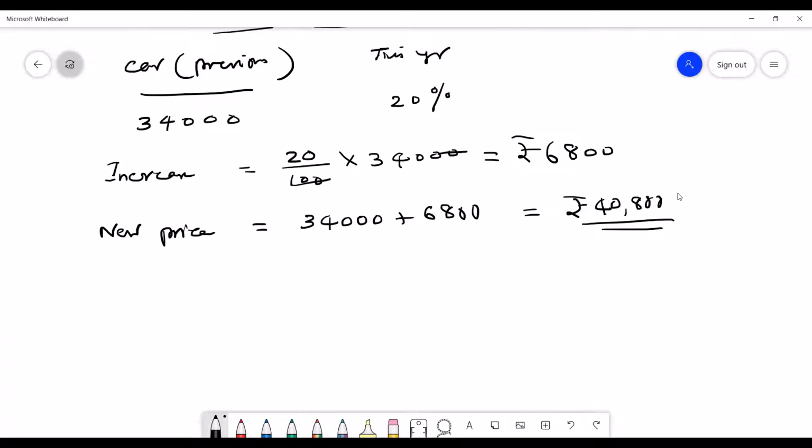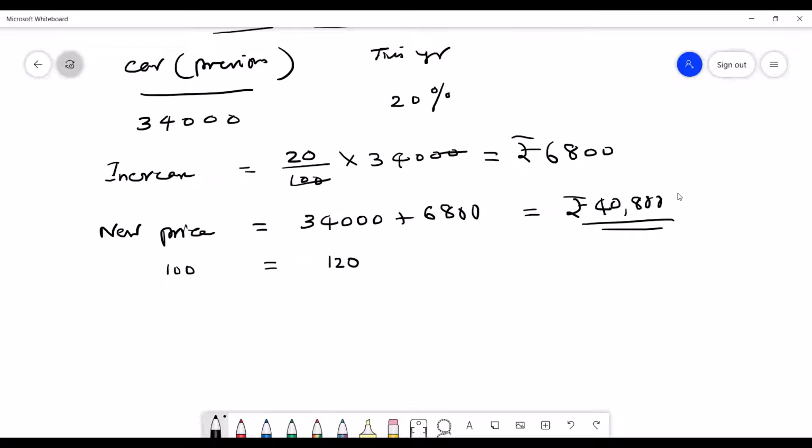Instead of this way, we can calculate the same in another way also. Suppose the price of the car in the previous year is 100. And what will be today's price? Today it is increased 20%, so it will be 120.